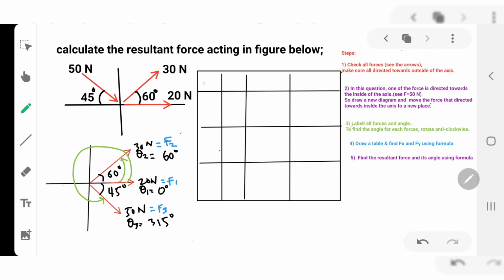Column number 1 for the force, column number 2 for the angle theta, column number 3 for the resolution of force for Fx, and column number 4 for the resolution of force for Fy.